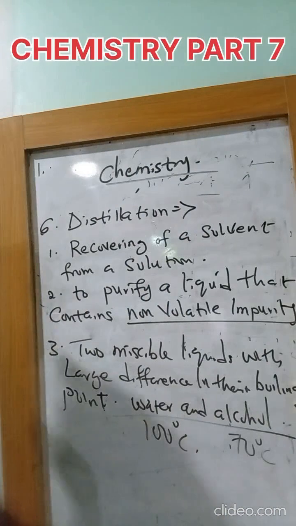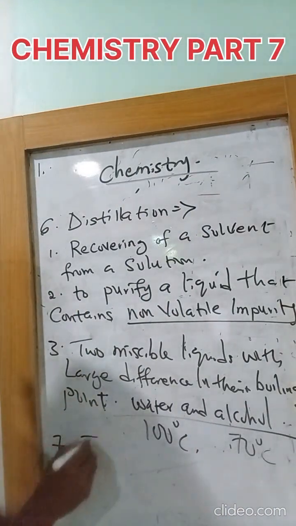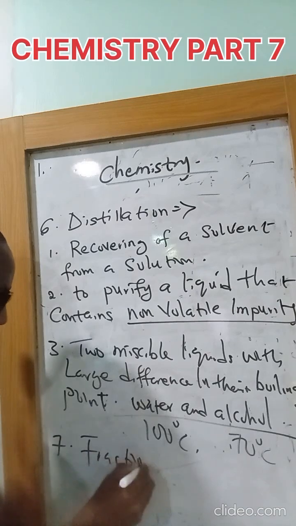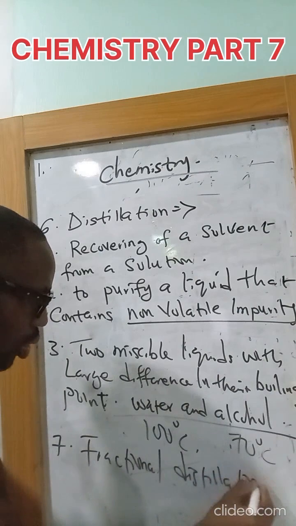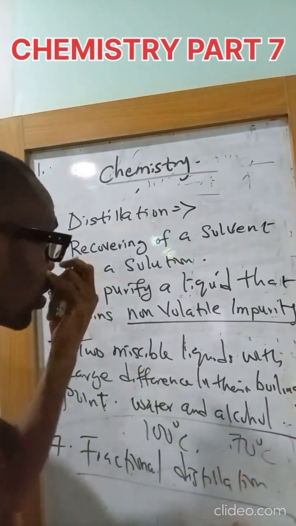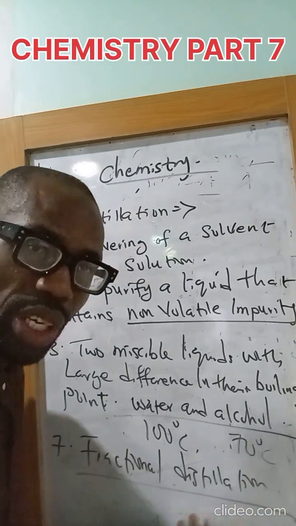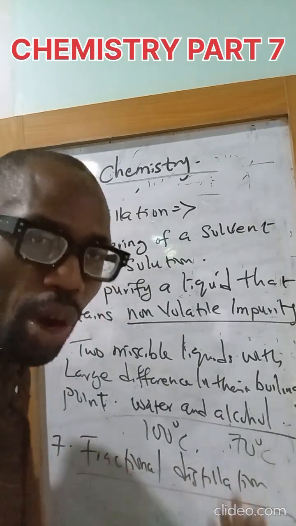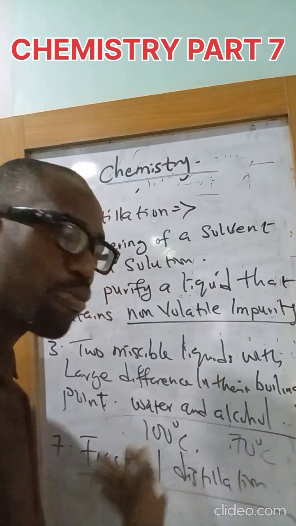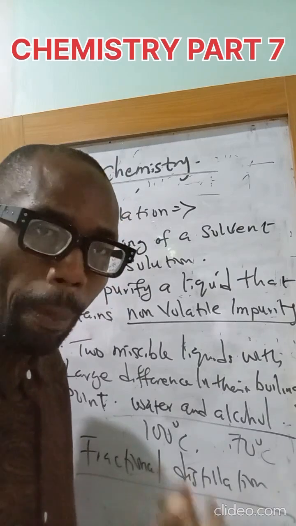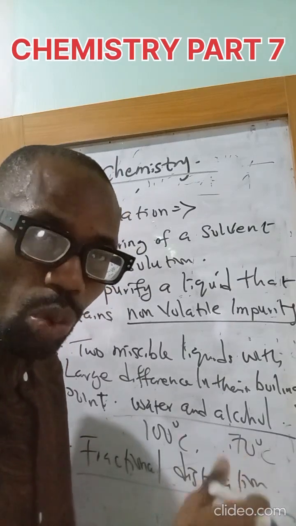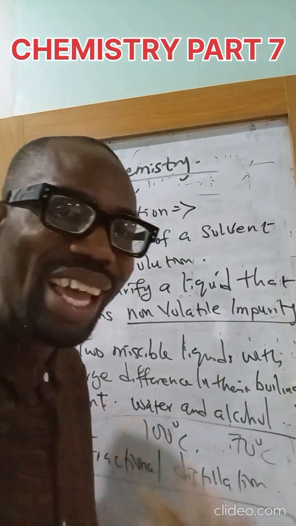I've even said it. Number 7, I'll just put it. The next one is fractional distillation. In fractional distillation, it is used to separate liquids with close boiling points. And for effective fractional distillation, the boiling point difference in these liquids must be greater than 10 degrees Celsius.